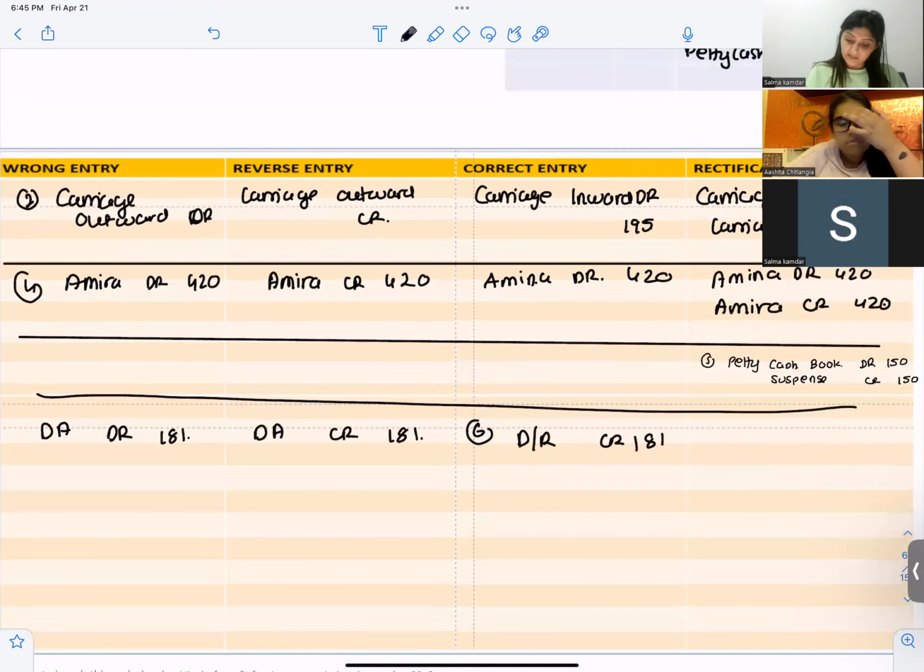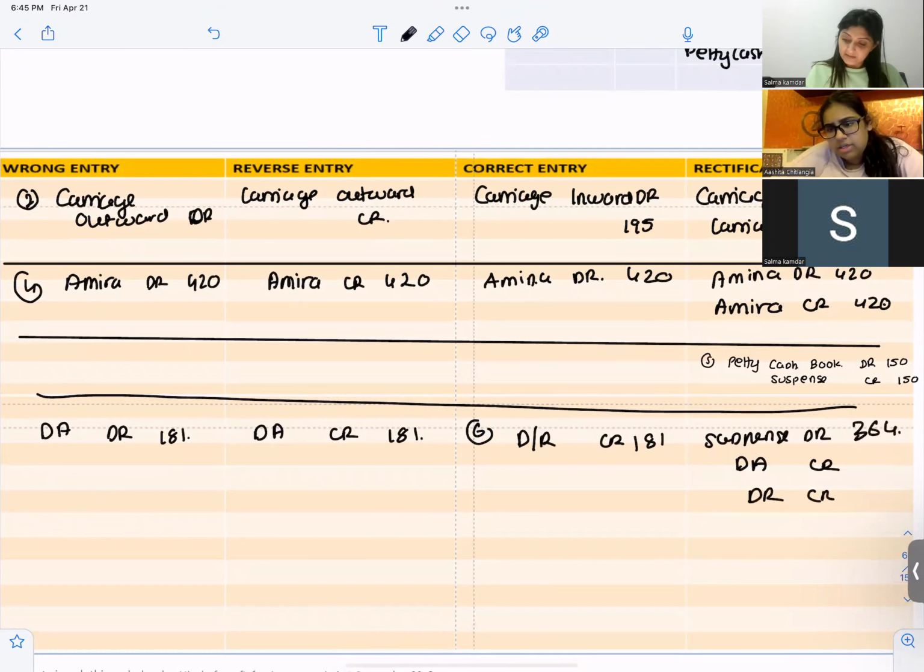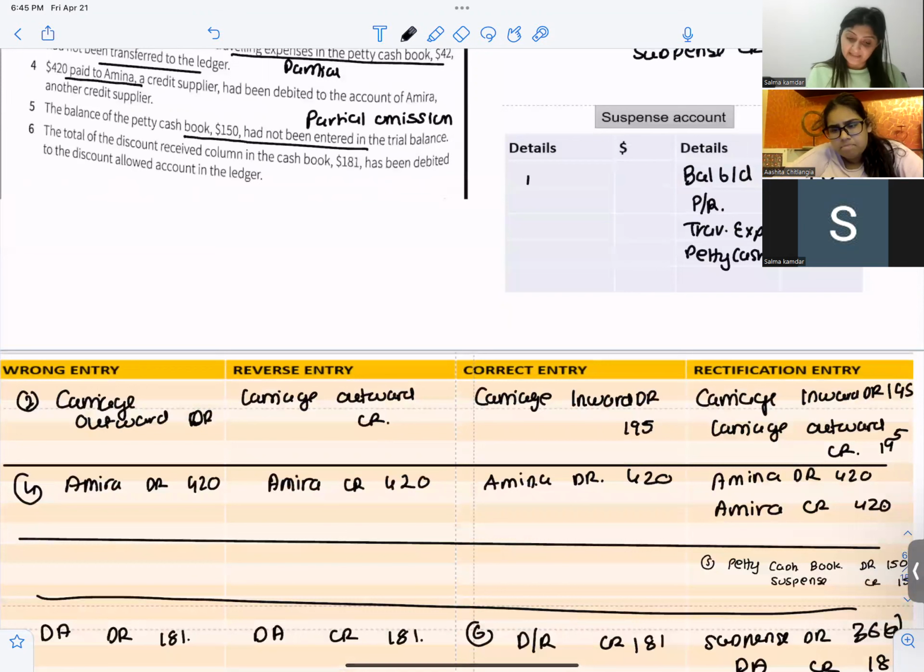Suspense how much debit? Suspense is debited by 362. So on the suspense debit, I will write discount allowed 181 and discount received 181.